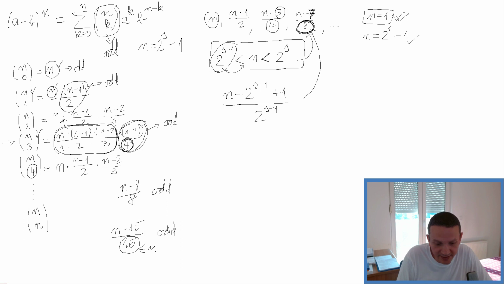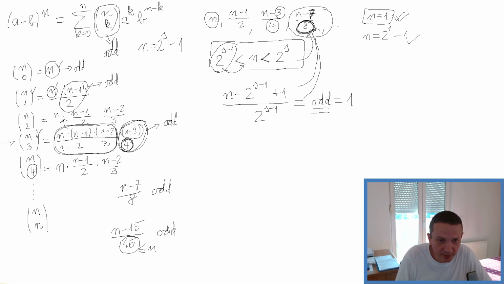So we know that this guy here should be odd, because this is actually this last fraction from above, which we proved that it is odd. But actually we will now show that this odd actually means equal to 1, that we cannot obtain any other odd number here but 1.